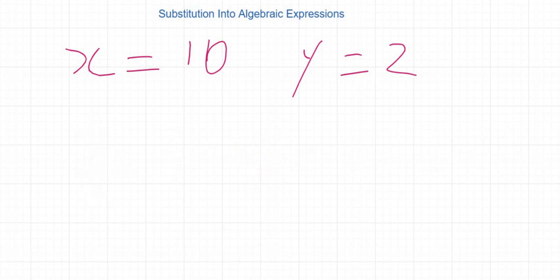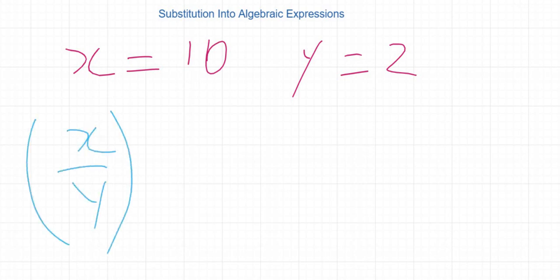So say we have x divided by y, all raised to 2, plus, let's say, 20 divided by 4. So go ahead and take a try and see what you got. So let's go and work this question.